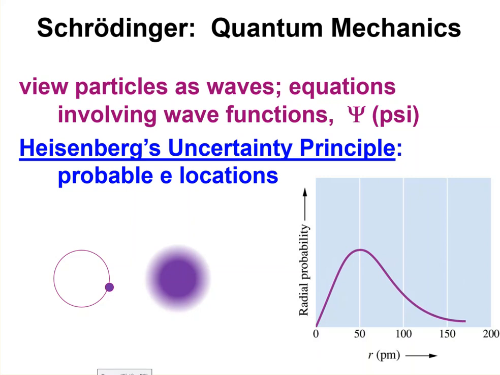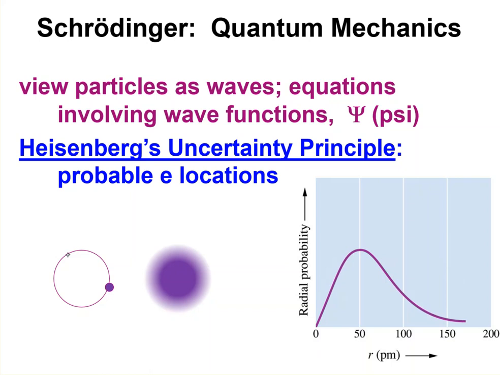Once we saw that particles could be viewed as waves, and this is mathematically predicting their probable locations, then these mathematical equations could be used to predict where an electron is likely to be.